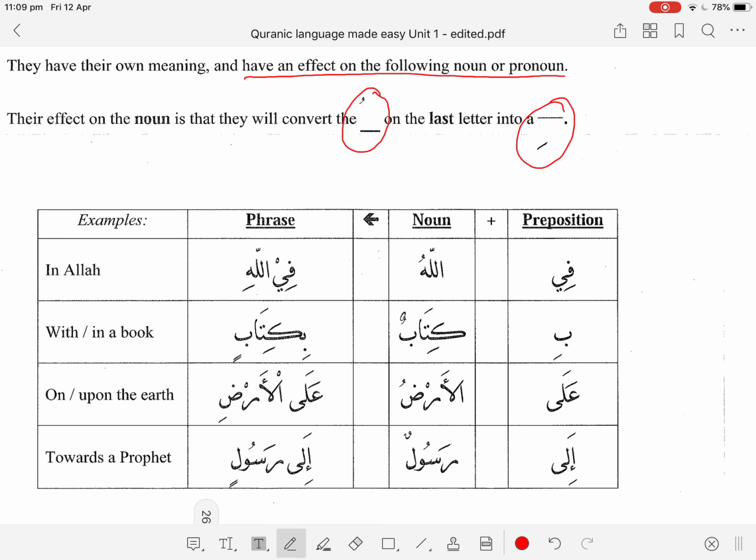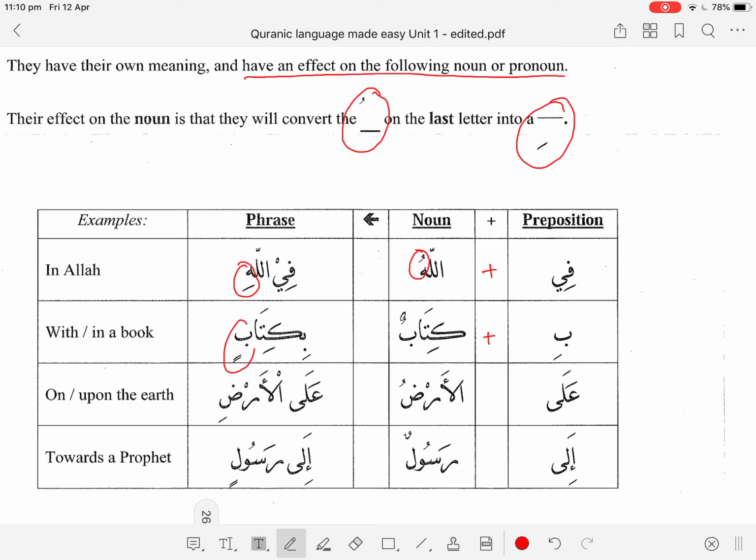Some examples are following here, like fi plus Allah, meaning in Allah, becomes fillahi. So the u becomes i. So fillahi, bismillahi, because there is a bi before that. Another example is bi plus kitabun, basically saying with a book, or it can also mean in a book. It's not rigid. So bi kitabun becomes bi kitabin.